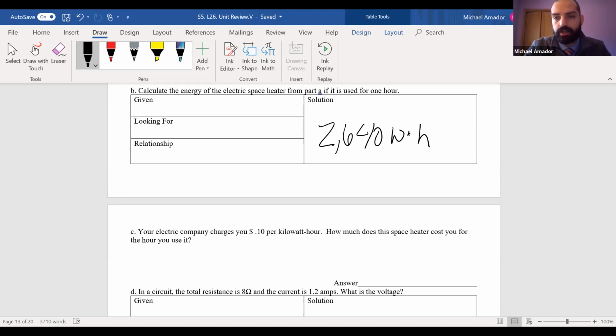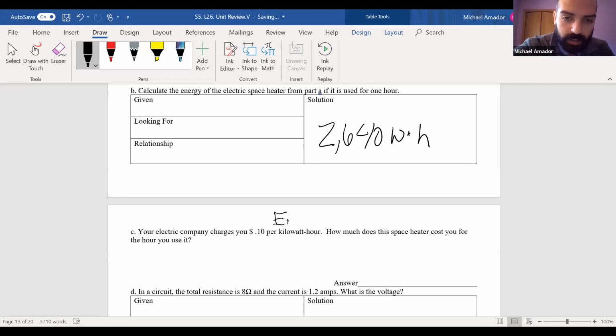Let's go to Chanel. Chanel, what do you think? What might our plan be here? Our plan might be to multiply the power times the time. Yeah, so actually, we're going to multiply the energy, right? Because kilowatt, very close, Chanel.